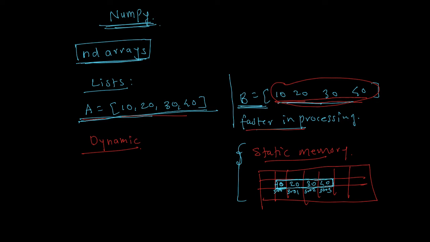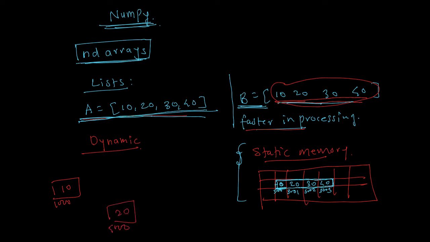Now, in the case of dynamic memory allocation, the elements of these lists might be stored in any location. For example, if this 10 is stored on, let's say, location 1000, then this 20 might be stored on location, let's say, 5000.